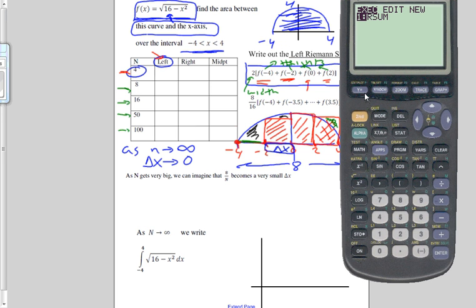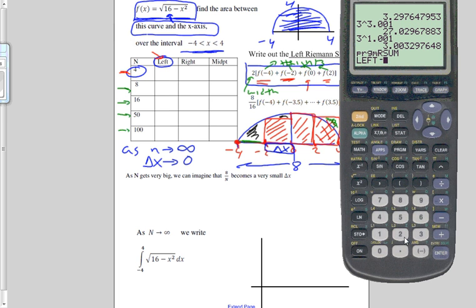First, in y equals, let's put the square root of 16 minus x squared. We won't do all of these, but once we get y1 in there, we go to our program. Press the program button, go to Riemann sums, enter, and we want our left bound.